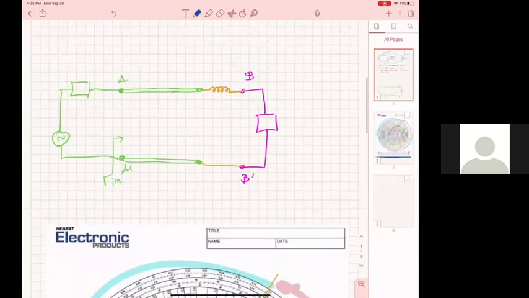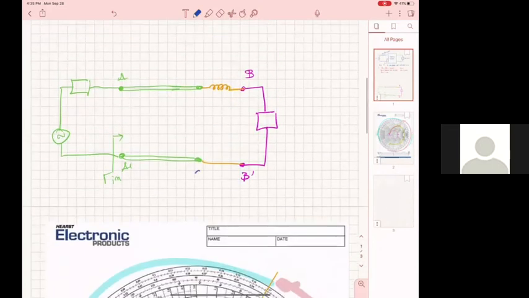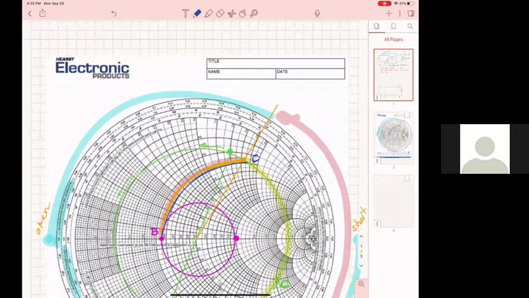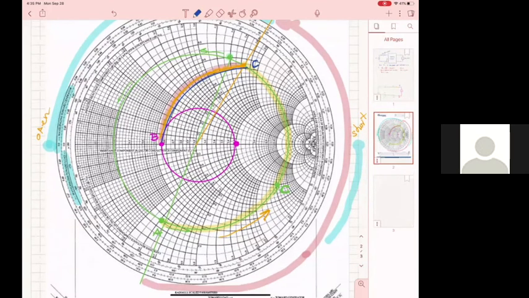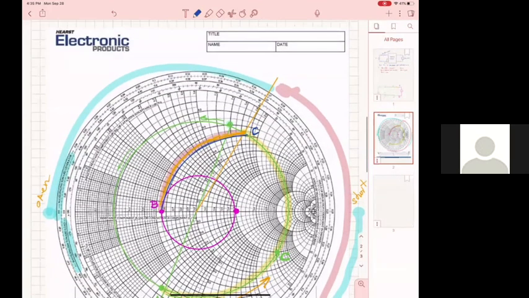Point C would be somewhere here. And from C now, you have to move down to B. So you measure the line. Point C has a positive susceptance. These are admittances, all right?